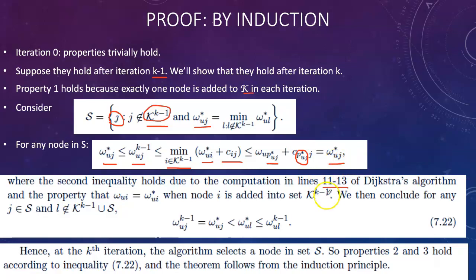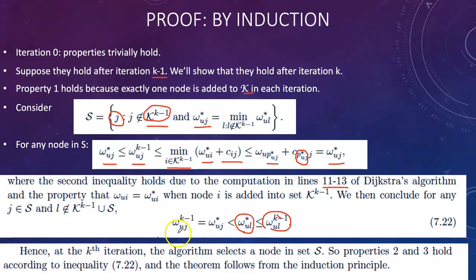Okay, but then for any l not in kappa k minus 1 and not in the set S, that is, those nodes that have not been selected into kappa so far and that are also not the minimum cost nodes, their current weights W_l at k minus 1 are larger than or equal to their eventual weights.